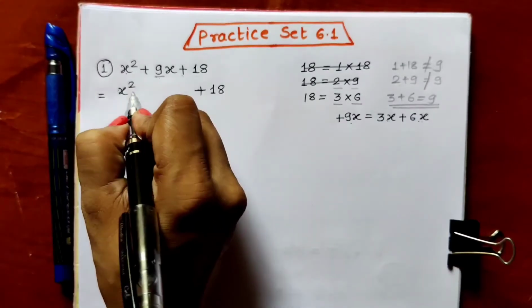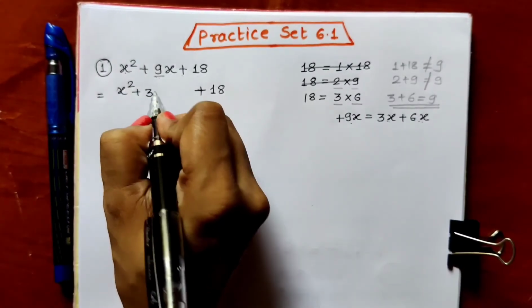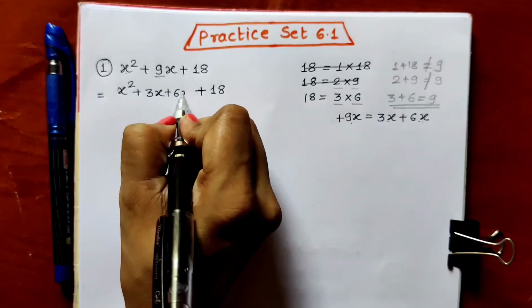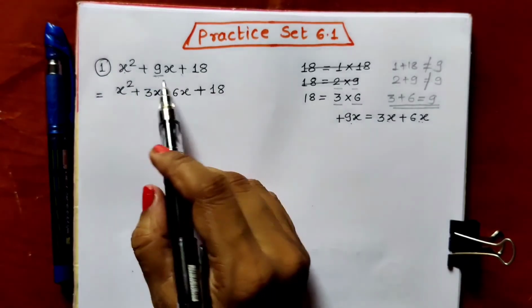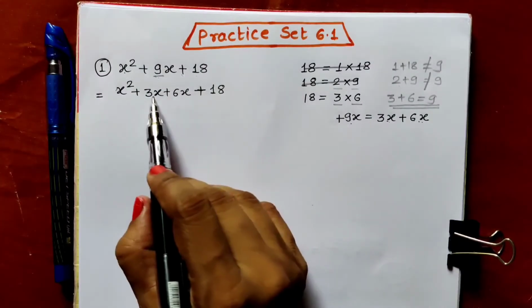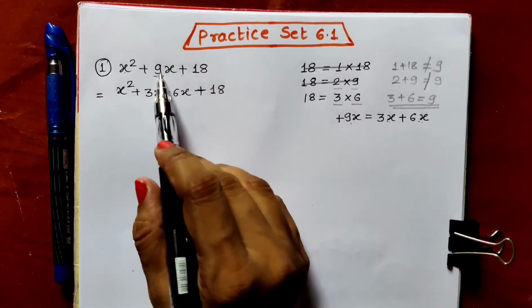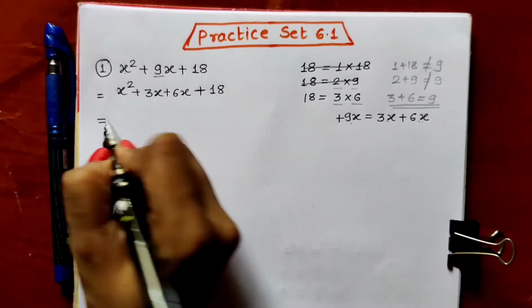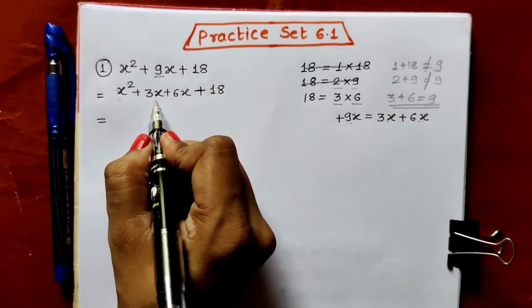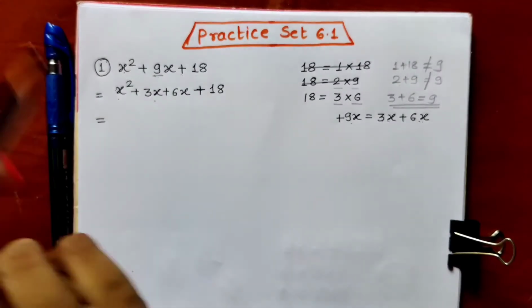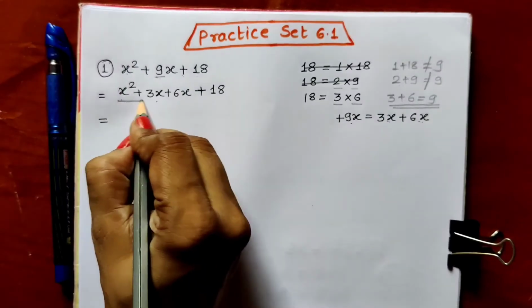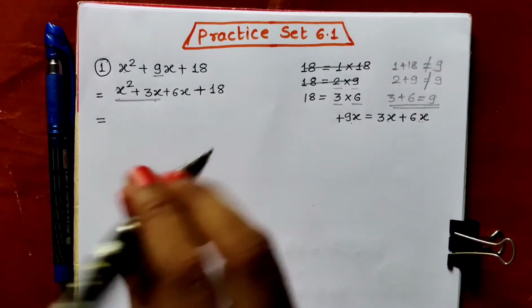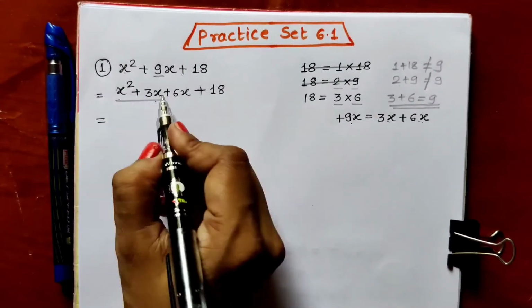So we will write this as plus 3x plus 6x. In this way we split the middle term. Now what do we have to do? We have to take out common from the first and second terms, and from the third and fourth terms. So let us see what is common between the first and second terms. We can see the variable x is common in both these terms.